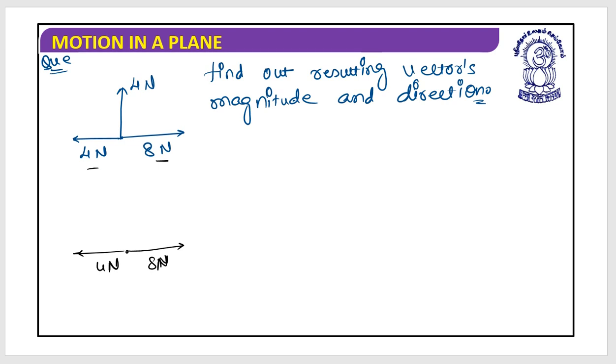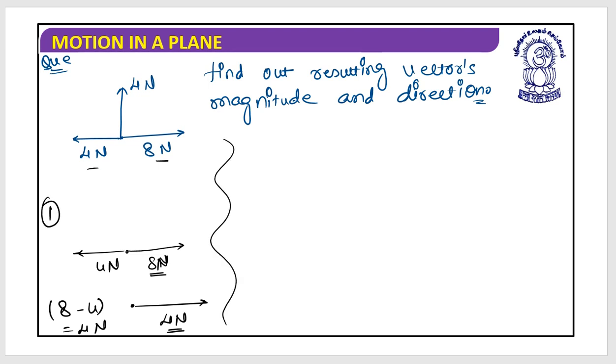If I make a resultant of this, only a 4 Newton force in the positive x direction is left with me. How did this arise? I have done 8 minus 4, and the 4 Newton has remained. As the 8 Newton force is dominating and it is in the x direction, the resulting vector, which will be the remaining vector, would be 4 Newton. So this would be the first situation.